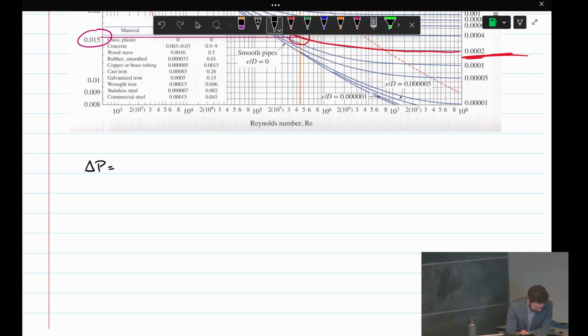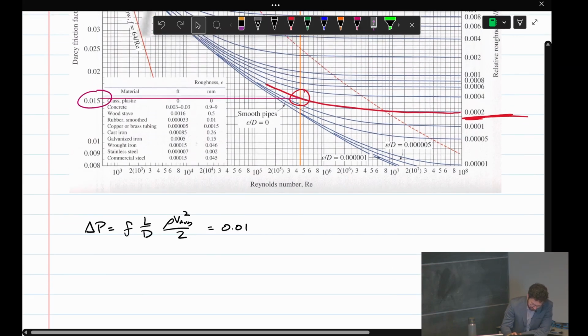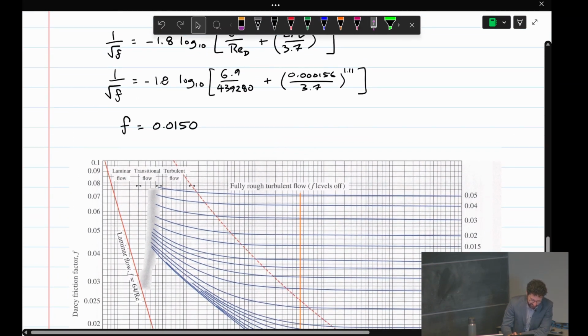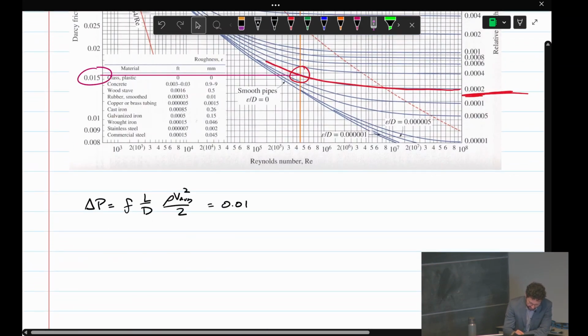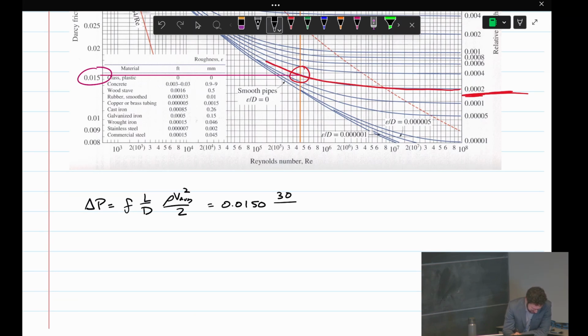Let's compute the pressure drop, f L over D, rho V average squared over 2. So again, I'm going to use the Holland equation value, 0.0150. L in the question was 30 meters, over the diameter, which is 0.289.